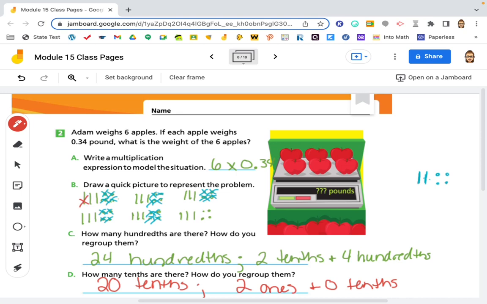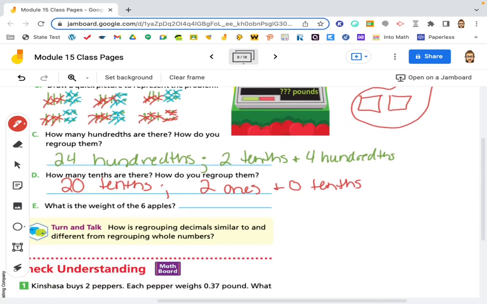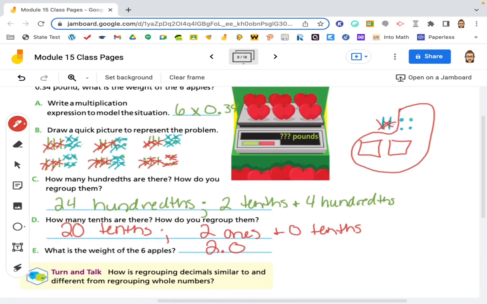So we're going to go 1, 2, 3, 4, 5, 6, 7, 8, 9, 10, and then 1, 2, 3, 4, 5, 6, 7, 8, 9, 10. I crossed these off earlier. So we are left with 2 wholes, no tenths, and 4 hundredths. We have pounds as our label.